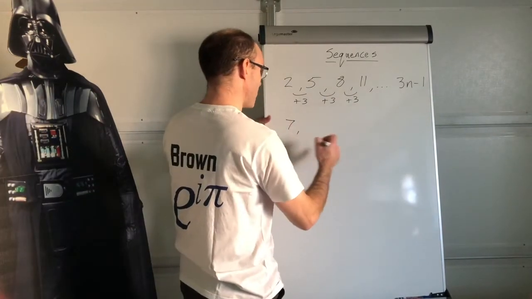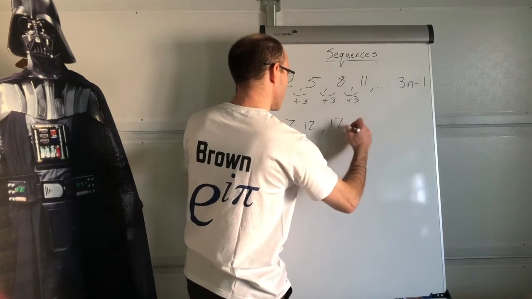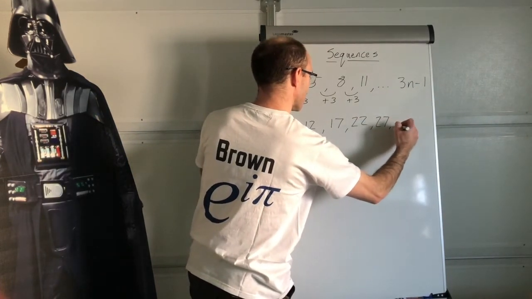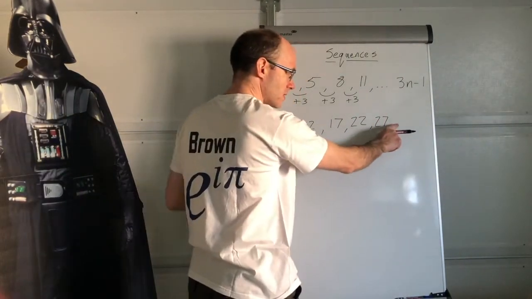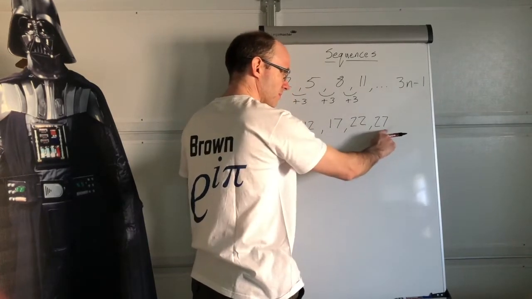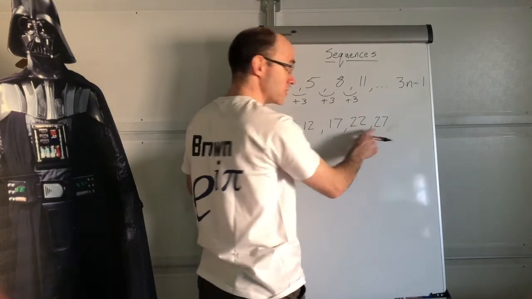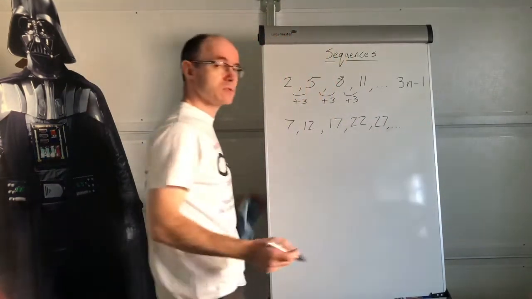We'll start with 7, and then I'm going to give you 12, and 17, 22, 27, etc., dot, dot, dot. The dot, dot, dot is important, otherwise I'm saying that that term is the last term. So I'm saying 1, 2, 3, 4, 5, a 5-term sequence only. So the dot, dot, dot means it continues indefinitely.